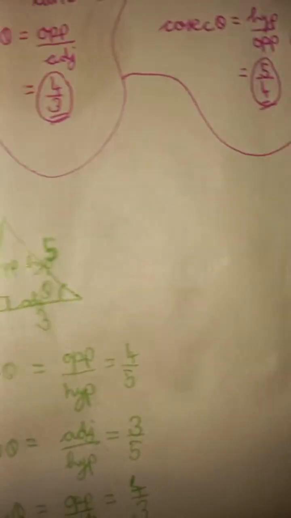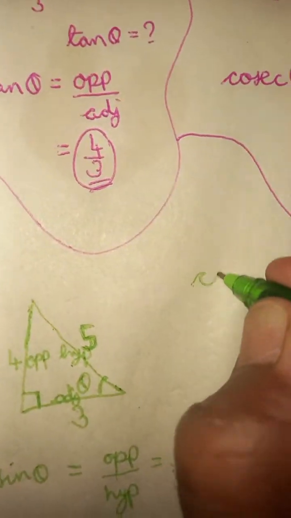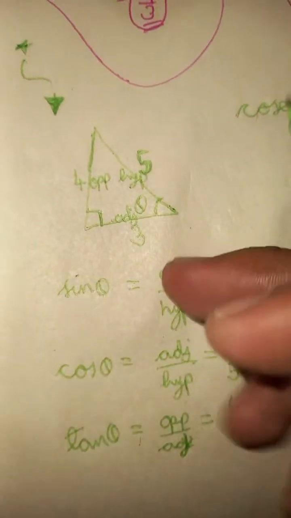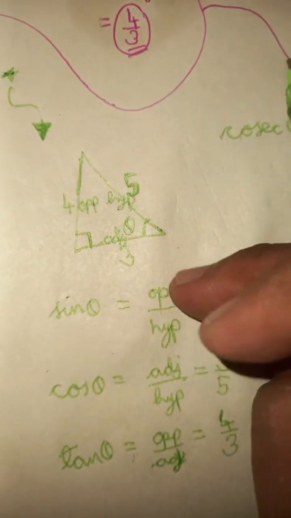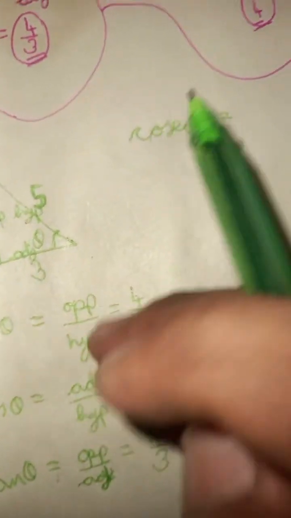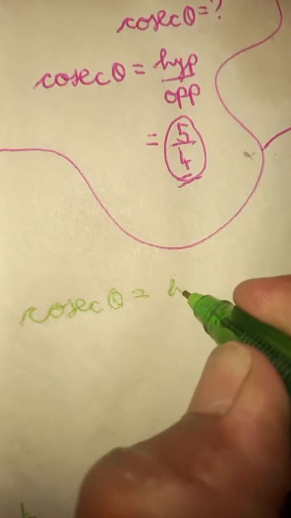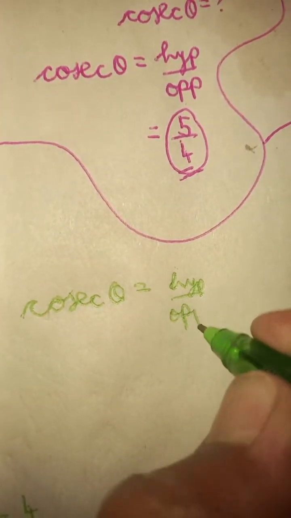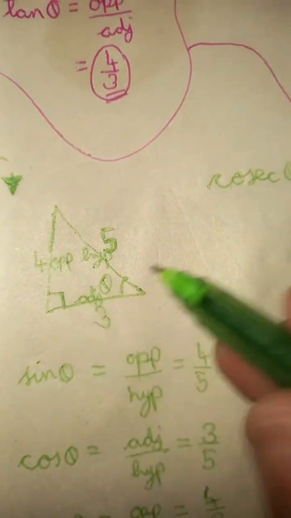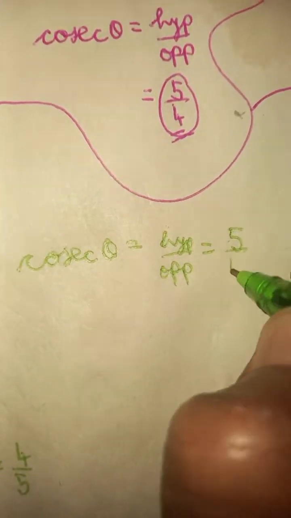Let's take one more thing, that is cosecant theta. Cosecant theta is the reciprocal of sin theta, meaning it becomes upside down. In sin theta it is opposite by hypotenuse; in cosecant theta it is hypotenuse by opposite. Hypotenuse is 5, opposite is 4, so it becomes 5 by 4.